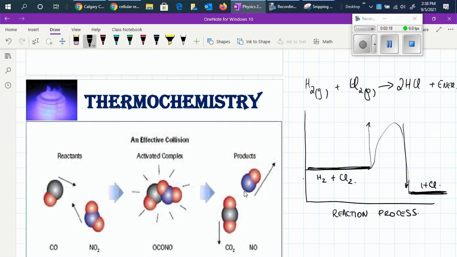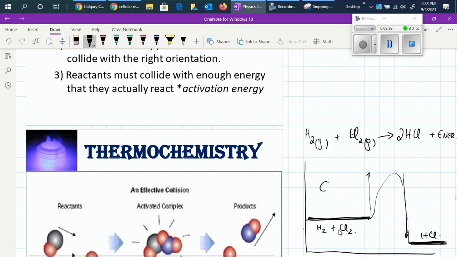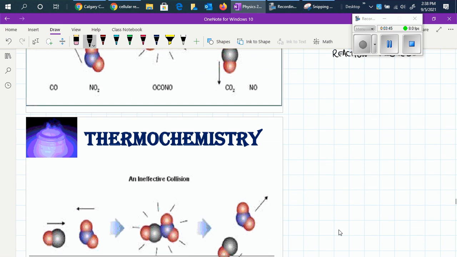In an endothermic reaction, bond breaking absorbs more energy than bond formation gives off, resulting in a positive delta H. So this was an exothermic reaction, and what is happening in an endothermic reaction is that here is the reaction process.